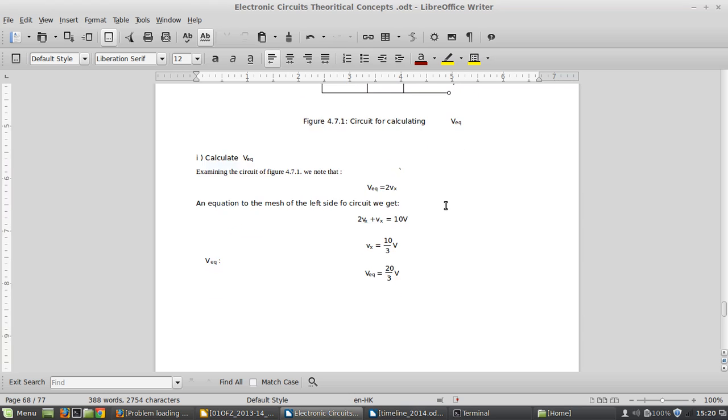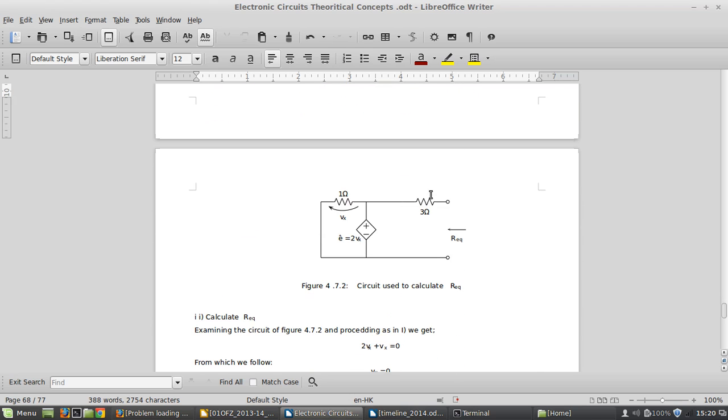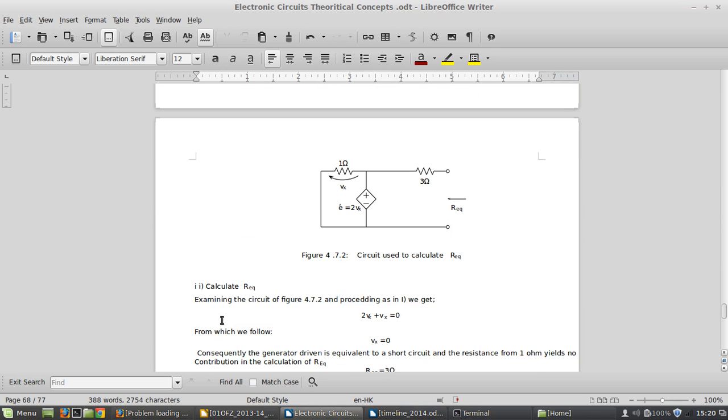Because if you check, V equivalent is equivalent to these portions.